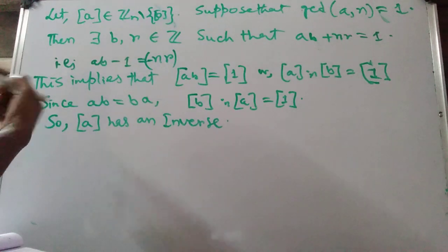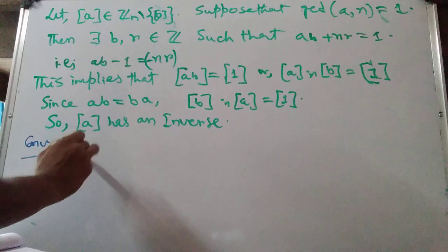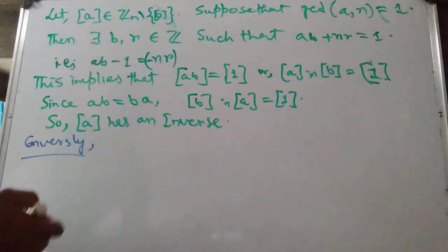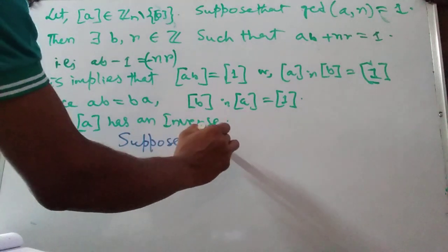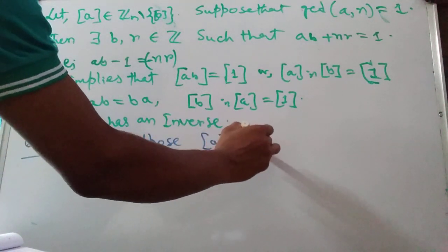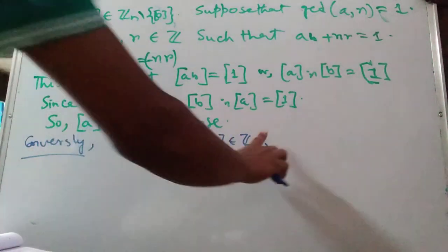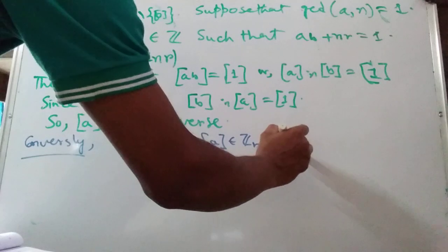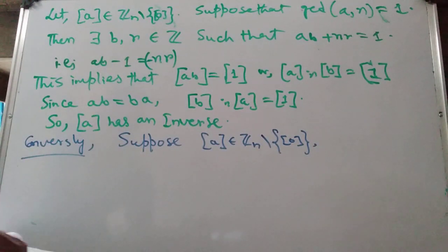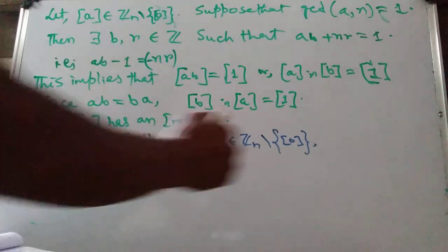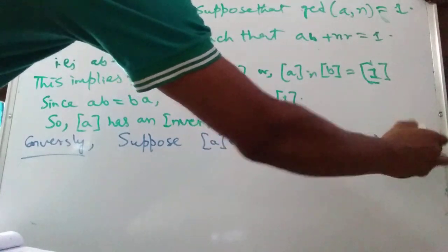Now conversely, suppose this class A belongs to Zn difference 0 class, and A has an inverse.